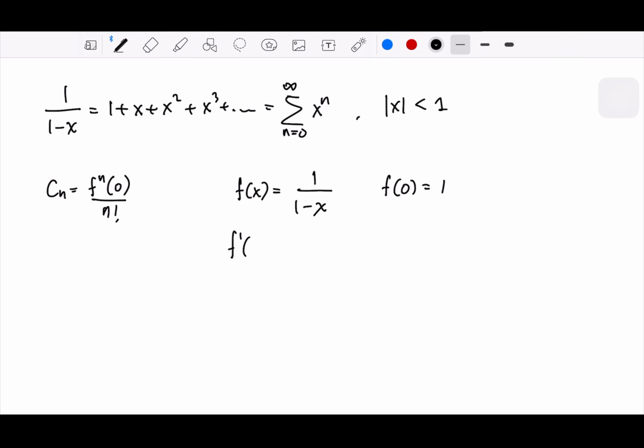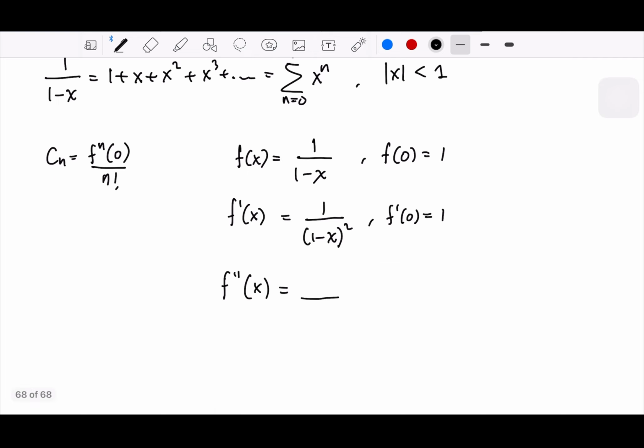The first derivative at 0 is also 1, right? Then we have the second derivative, which will have a cube at the bottom, and at x equals 0 it will be 1 multiplied by 2.